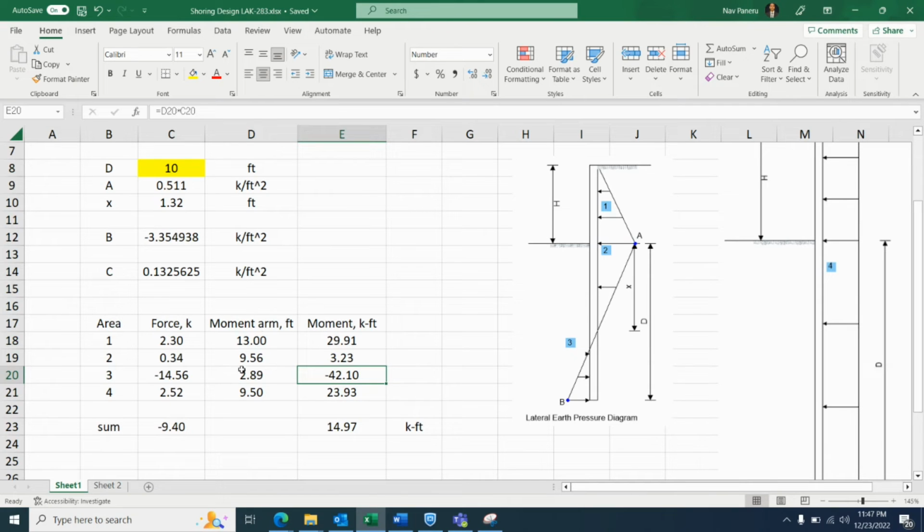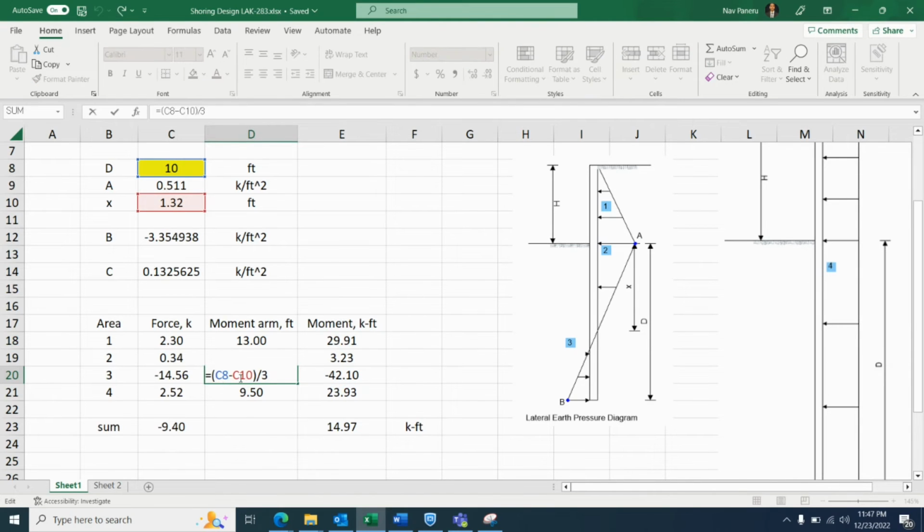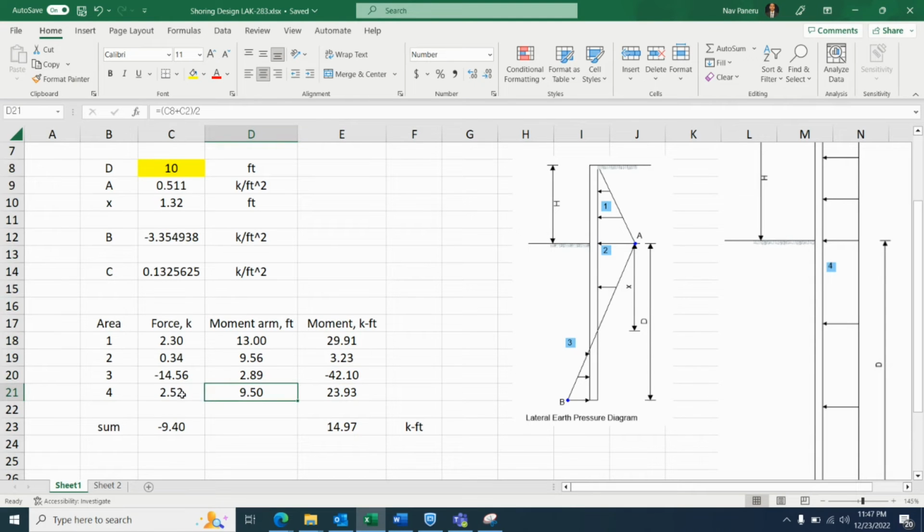So it makes sense. The moment arm for this one, since it's so close to the bottom, will be D minus X divided by 3, and then you get the moment by multiplying both.